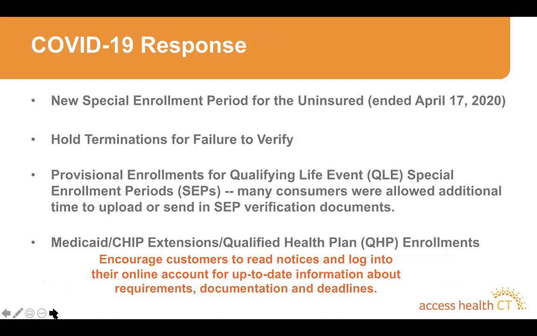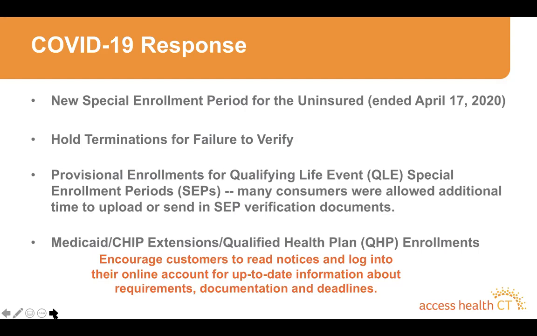Okay, as I mentioned, the new uninsured SEP ended April 17th, but special enrollment continues in the traditional way. Terminations for failure to verify, the 90-day verifications, are on hold. Provisional enrollments for qualifying life events continue.